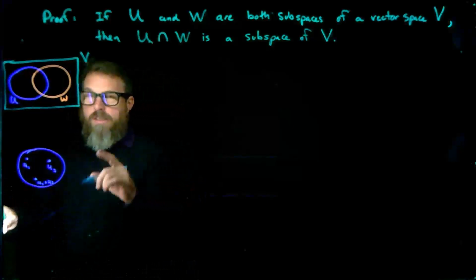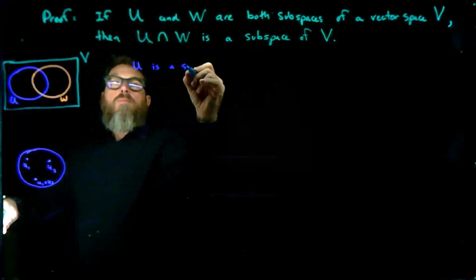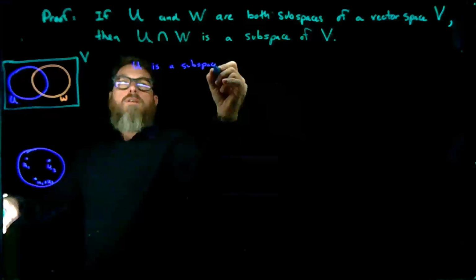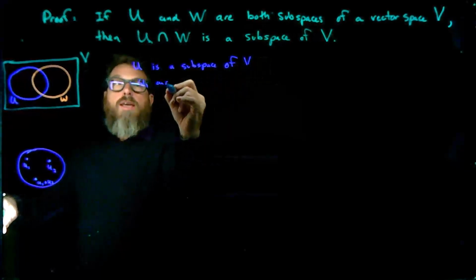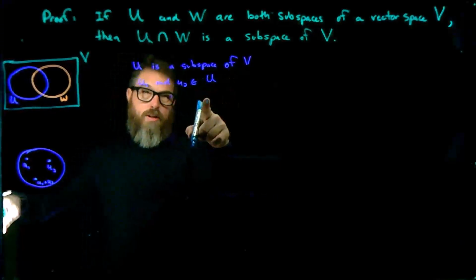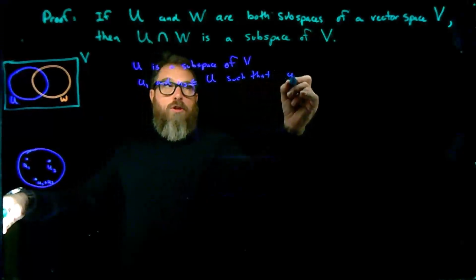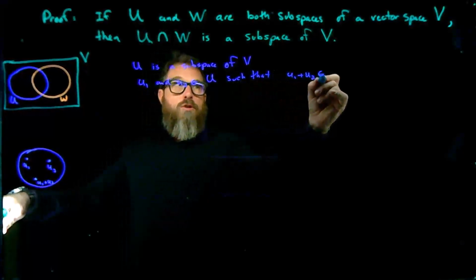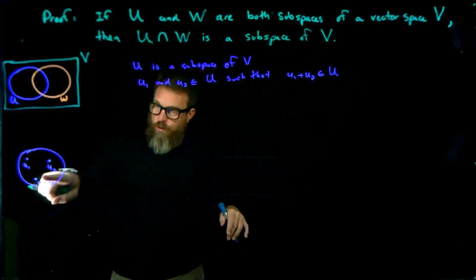Because if U is a subspace of V, then I can say that there are U1 and U2 in U, such that U1 plus U2 is also going to be in U. And that's what I've drawn here.